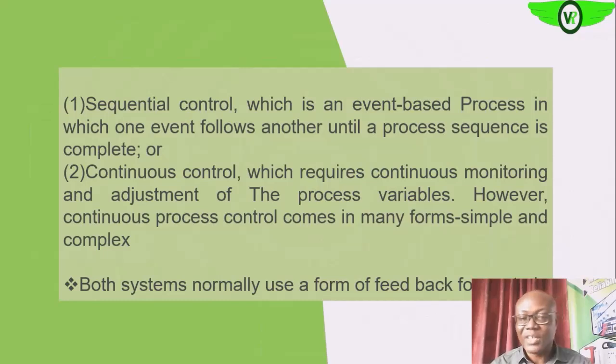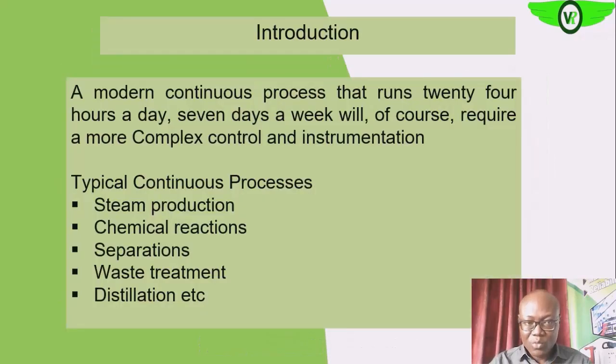We also have other very complex continuous process control. We want to look at some typical continuous process control. A typical continuous process control is that of the production of steam, where the water is fed continuously into the boiler, the steam is generated continuously from the boiler, and then that steam is sent into the process.